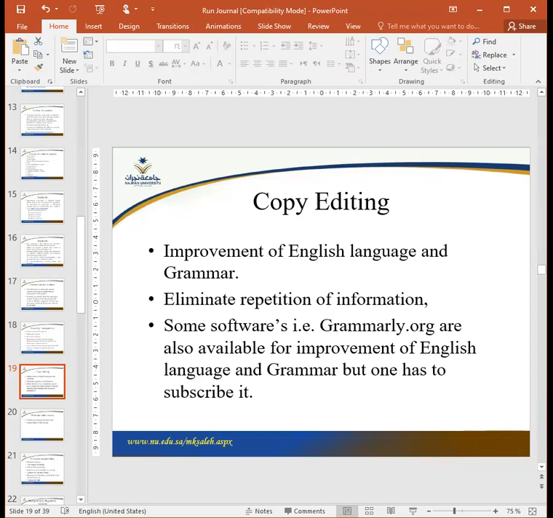However, if there is no copy editor on the staff, this has to be done by the editor. Some software like Grammarly is also available for improvement of English language and grammar, but one has to subscribe and pay.